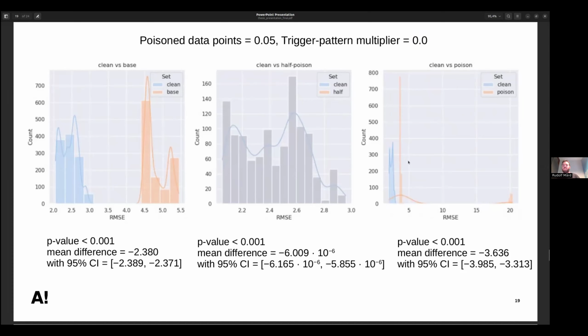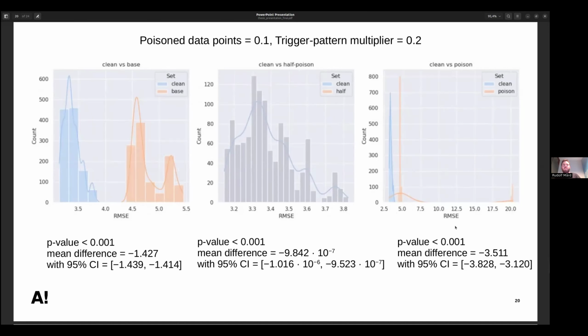And the results are very similar, except for the separation between the clean and base on the left here seems to be much larger than with the previous experiment. And also on the right side, there seems to be a little bit more separation between these, but it's kind of hard to see because of the outliers here.